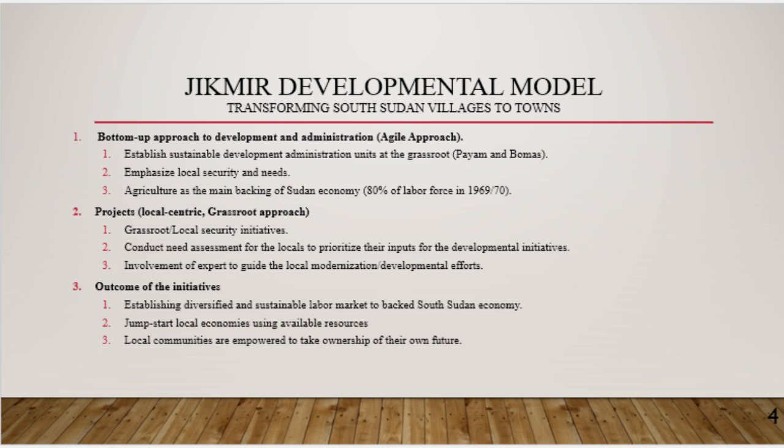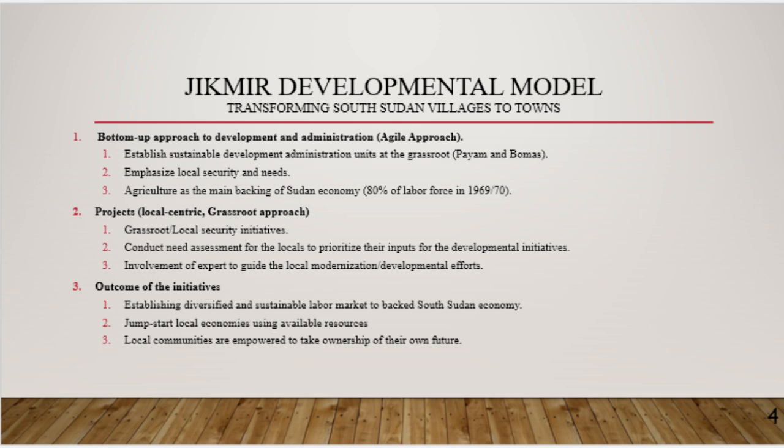Establishing sustainable development and administration at the grassroots, which is the Payams and Bomas, and emphasizing local security, because if the locals own their security, then they can be responsible for their own security and their own well-being.